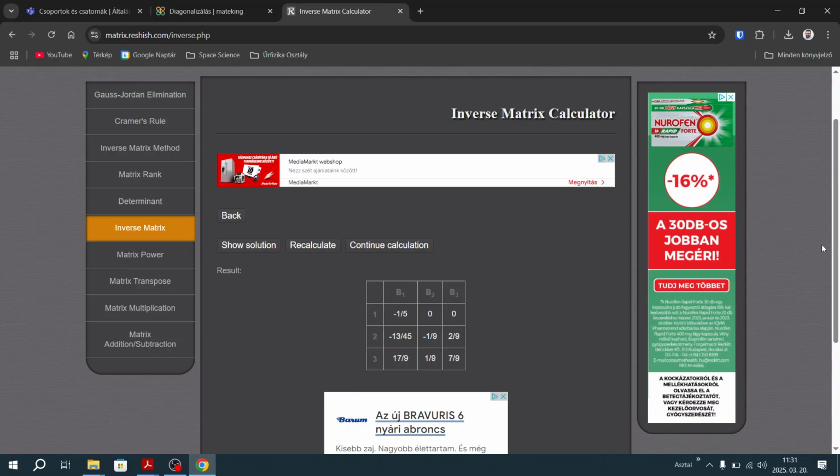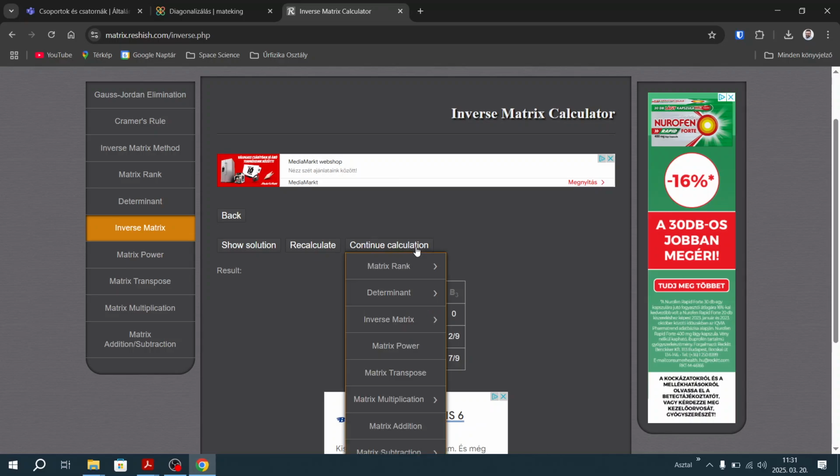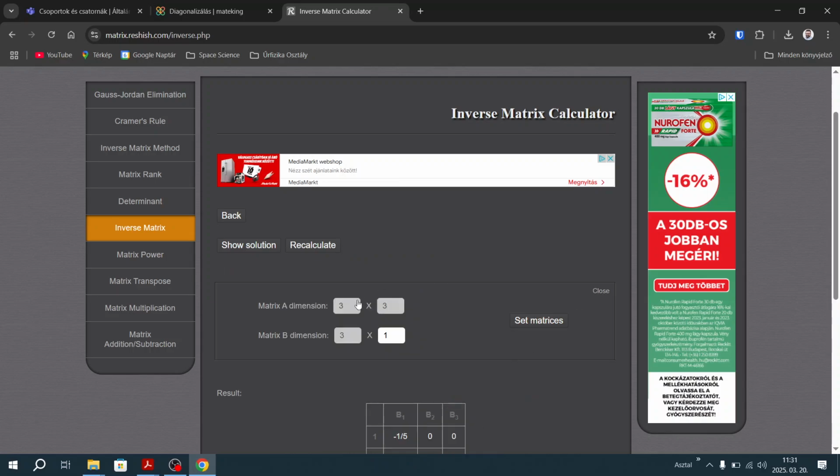However, I will continue the calculation. Matrix multiplication from the right, and this is free.